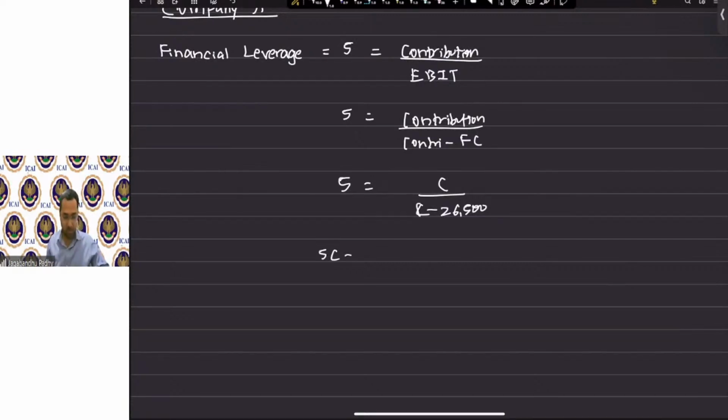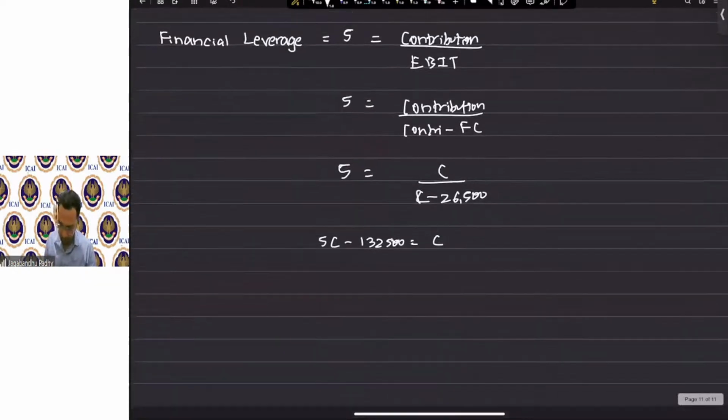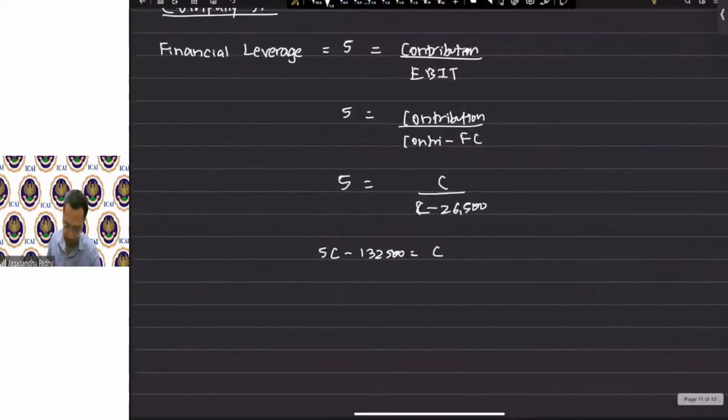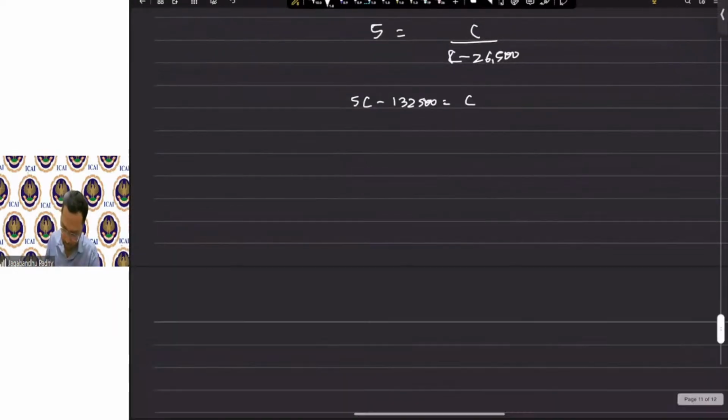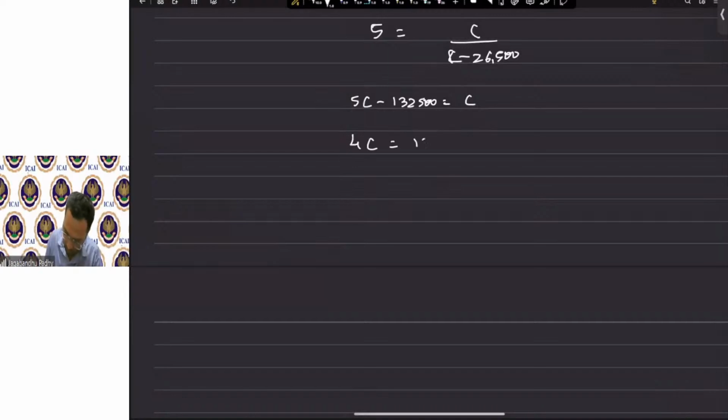5C minus 26,500 into 5. 4C is equal to 1,32,500.